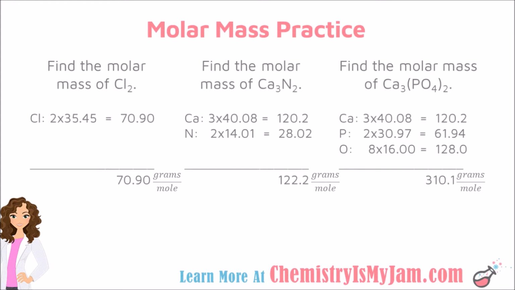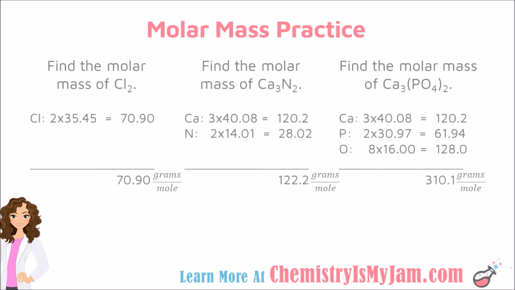Finally, we have calcium phosphate. Calcium phosphate has 3 calciums and 2 phosphates. This 2 gets distributed inside the parentheses. So you're going to see that there's going to be 3 calciums, 2 phosphoruses, and then 2 times 4, which is 8 oxygens.